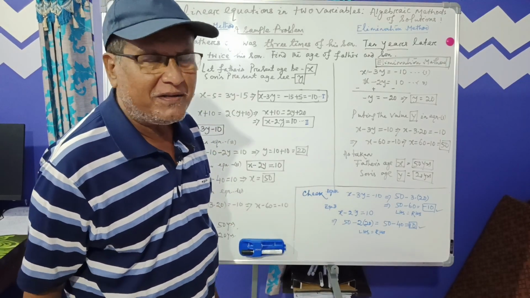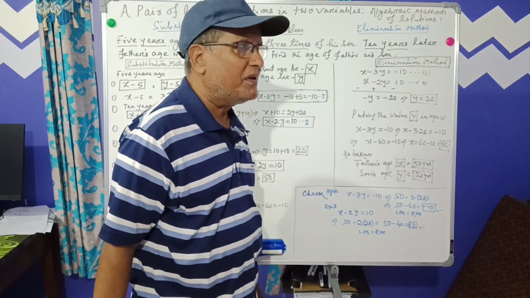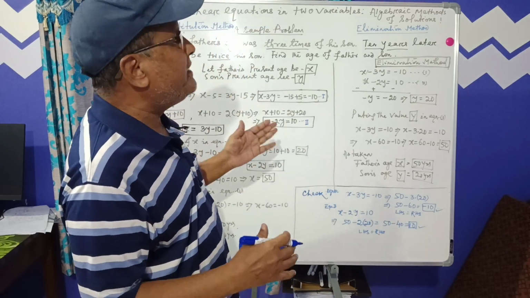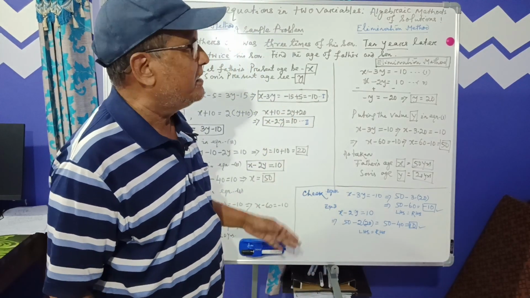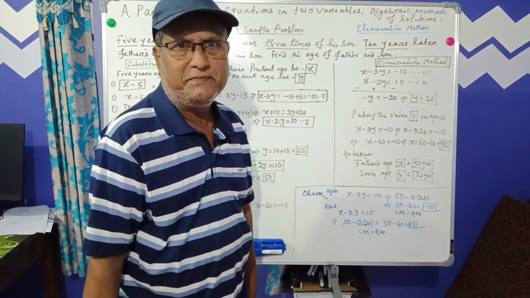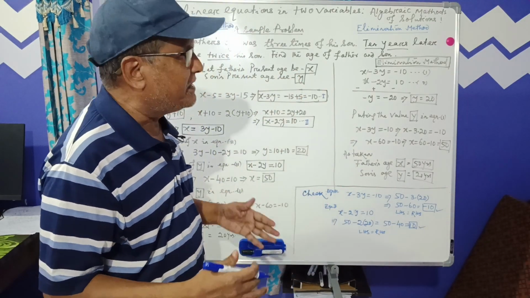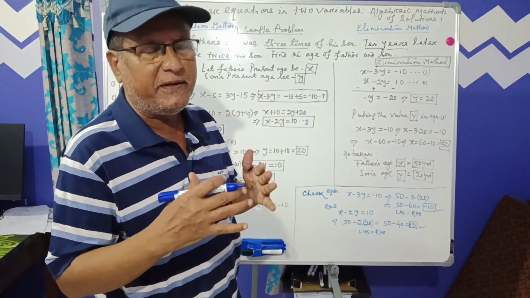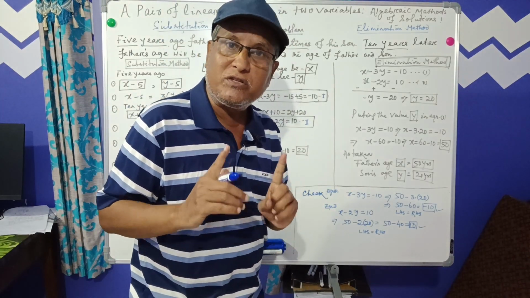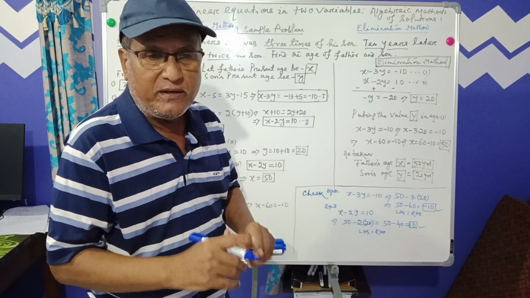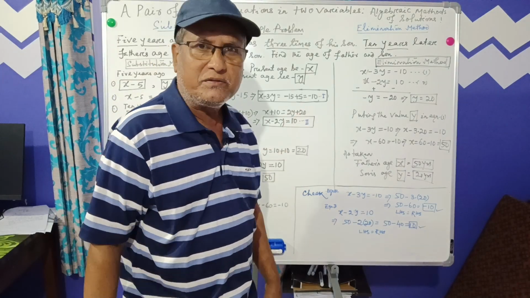Let's recall, we discussed a pair of linear equations and their representation in a graphical method. So we discussed the graphical methods of representation of a pair of linear equations to find out their solutions.